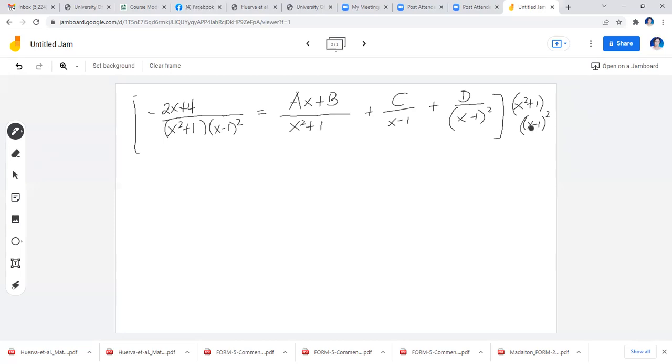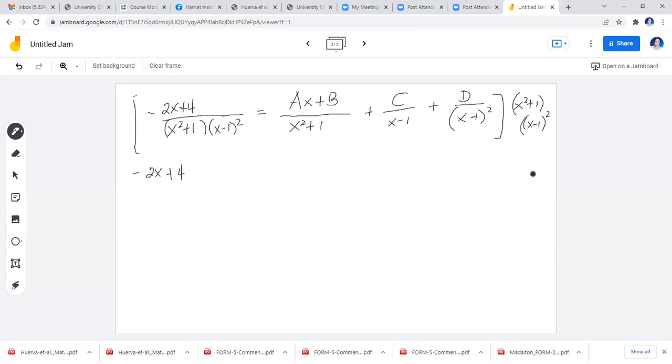Now, I also suggest to my DE students, when they reach differential equations, that they need not write this procedure because it makes things longer. You just do it mentally. That is, you multiply this entire equation by this, and then the next line would already be the simplified expression. So you have negative 2x plus 4.